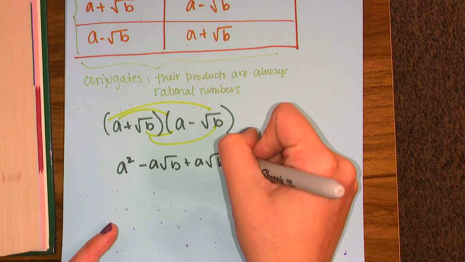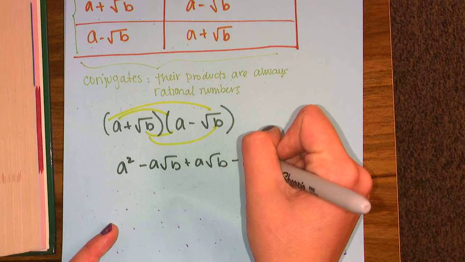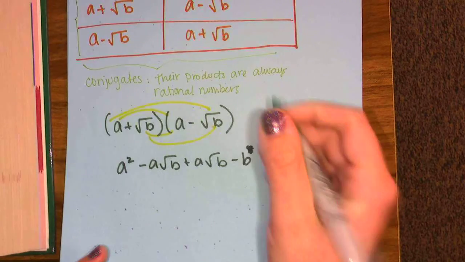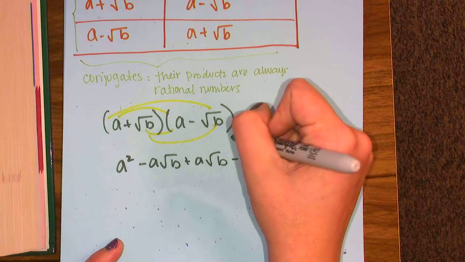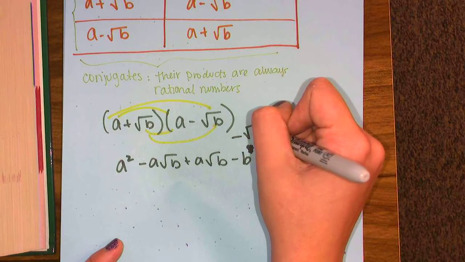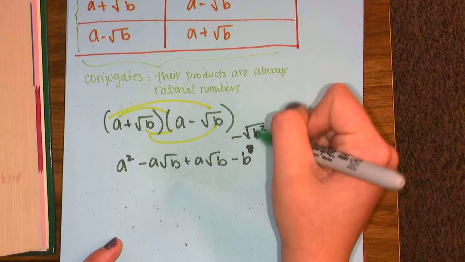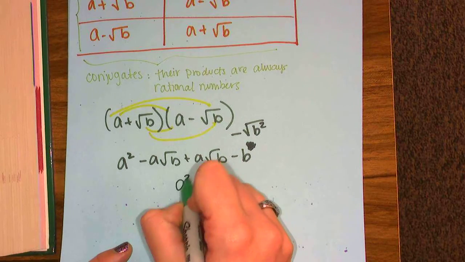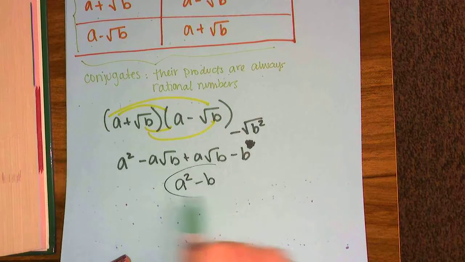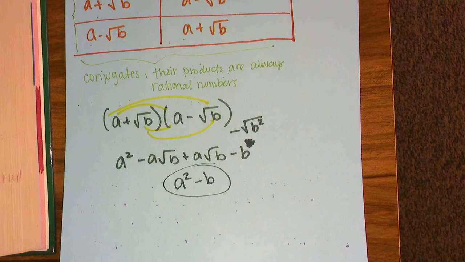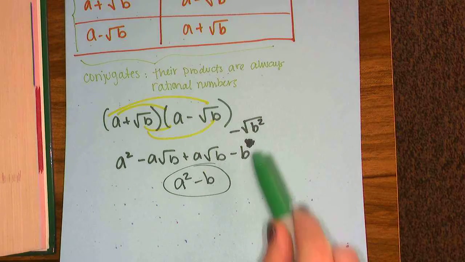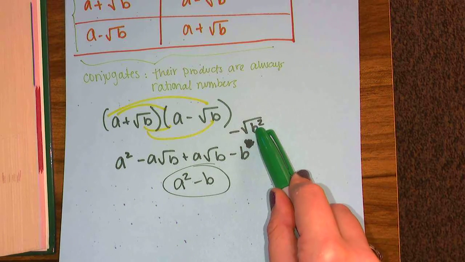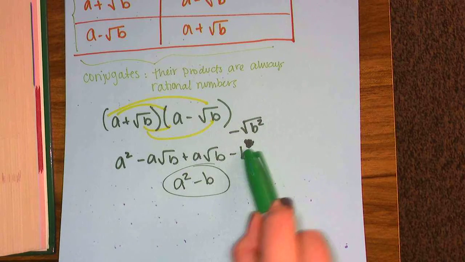Squared and the square root cancel, so it's just b. So then this leaves me with a squared minus b. So that's what's going to be the product of those things multiplied together. Sorry, I was saying it wrong. So this is what you would get when you multiply that square root of b times square root of b. So then it would just become b.